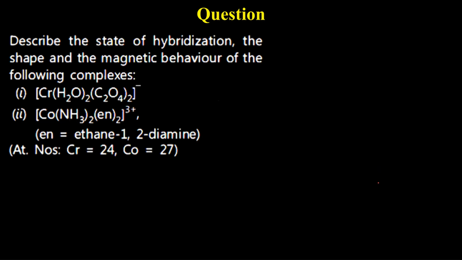Okay, now a question. Describe the state of hybridization, the shape and the magnetic behavior of the following complexes. How do we decide the magnetic behavior? If there are unpaired electrons, it is paramagnetic.